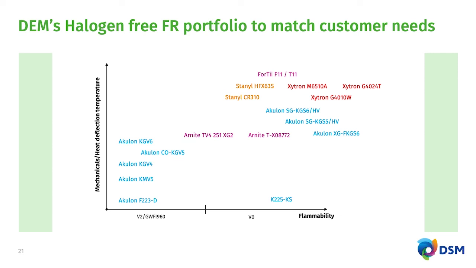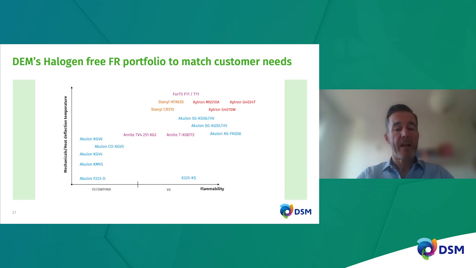In this diagram on the left-hand side, you see the thermomechanical performance of the material, and on the x-axis, you see the flammability. So from bottom left to top right, you see an increase in thermomechanical performance and an increase in flammability. All these materials are halogen-free flame retardant. As you can see in the different grade codings already discussed, Arnite CO KGV5, a polyamide 6 one-size-fits-all solution.